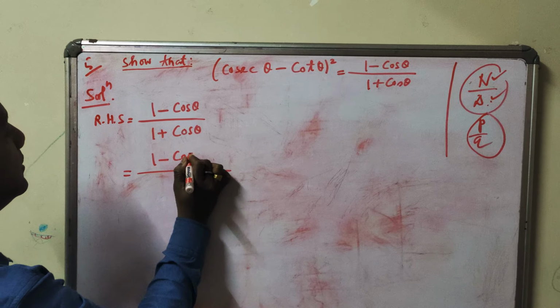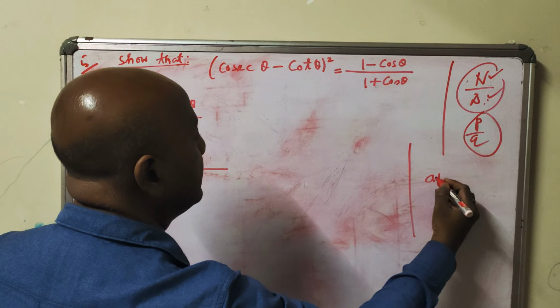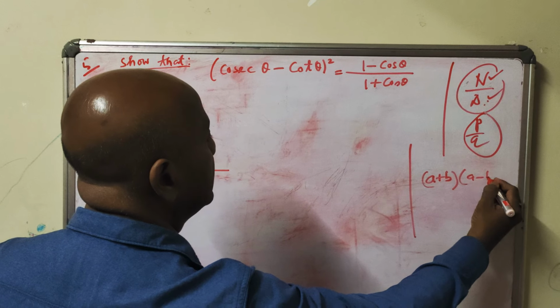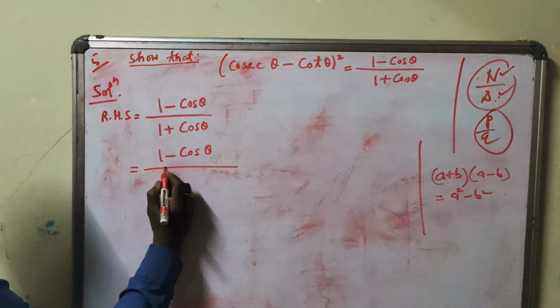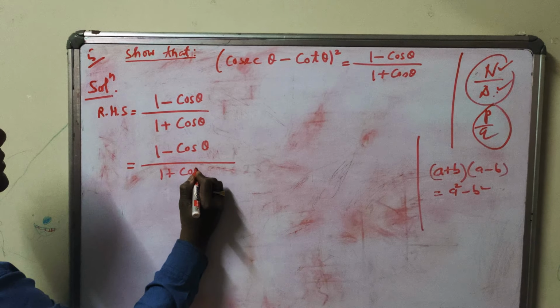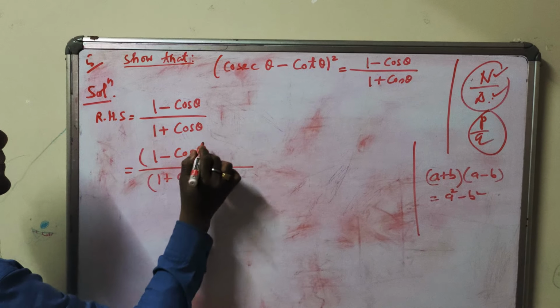Now what you have to do, since this is plus, we always try to do one thing. A plus b into a minus b is equal to a square minus b square. So in the denominator, we always write it like this.